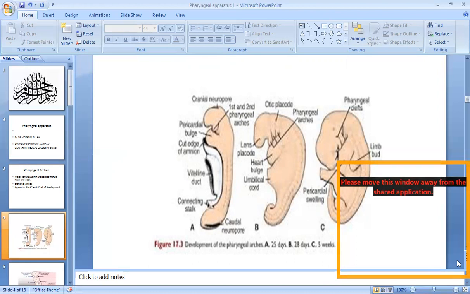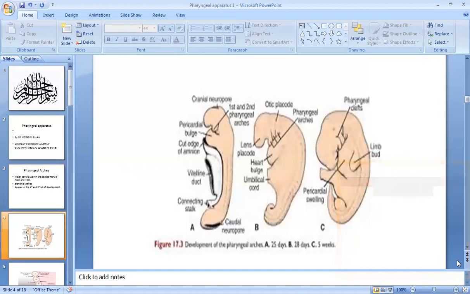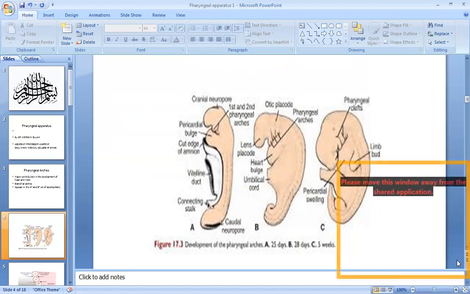If you remember the development of the neural tube formation, we knew from there that when the tube is formed, it is open above and below. It is an open tube, with openings which are called neuropores. The upper one is called the cranial neuropore, and the lower one, the caudal one, is called the caudal neuropore.